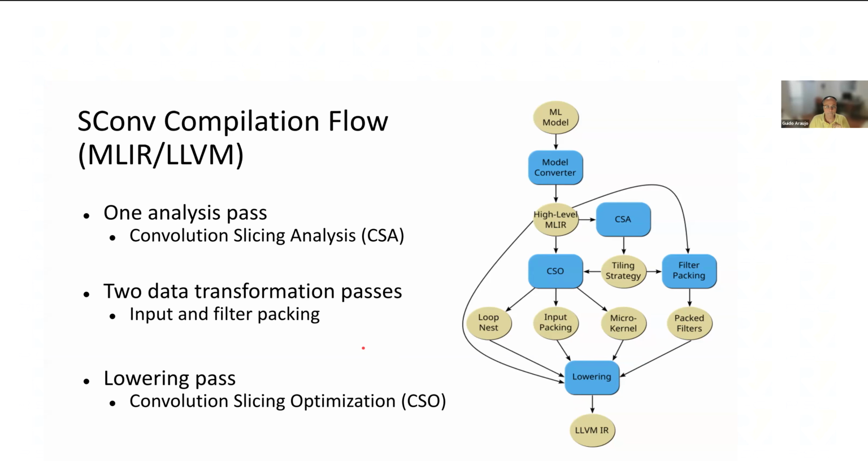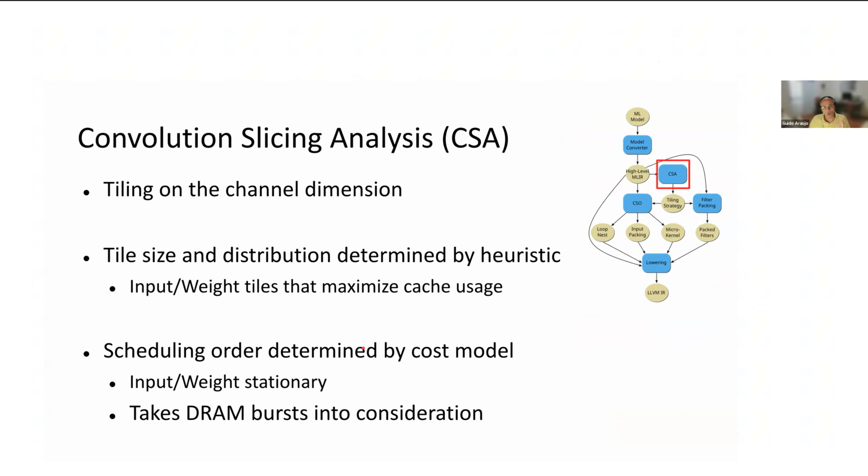Okay, all right. So let's go a little bit deeper into the convolution slice analysis. What is the role of this? It's a well-known problem, okay? And the focus that we had for it is to do tiling on the channel dimension. This is actually something that people have done before, and there is not much news here, okay?